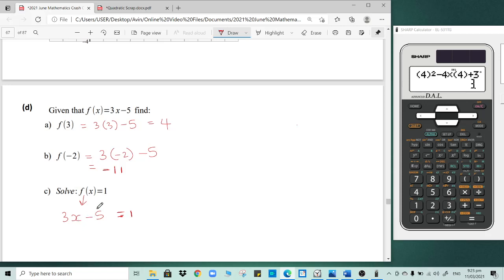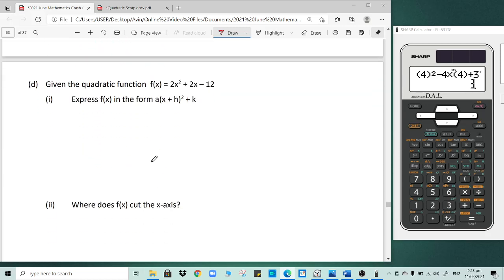To solve for x, you just throw across minus 5, you get positive 5. So 3x is equal to 6. That means x is 2, because if you throw across the 3, which is a multiply, you're going to get a divide. 6 divided by 3 is 2. And that's the end of that question.